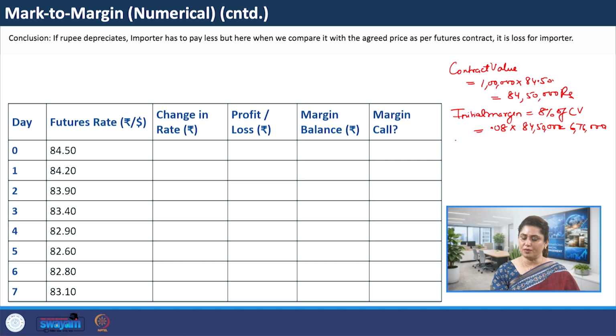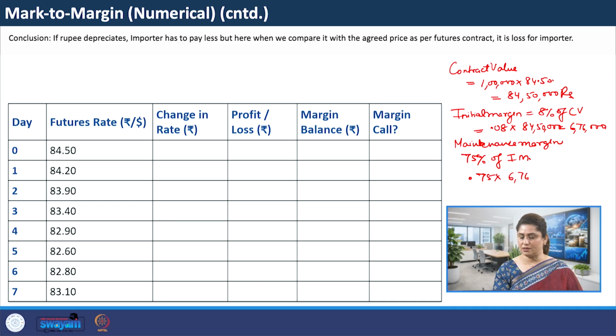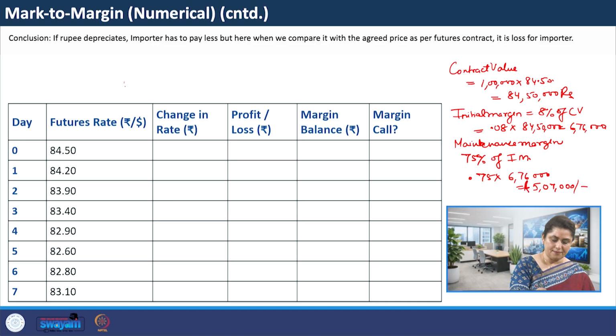Now we have also been asked to calculate the maintenance margin, which is 75% of initial margin. So here it is 0.75 into 6,76,000, which gives us 5,07,000 rupees.